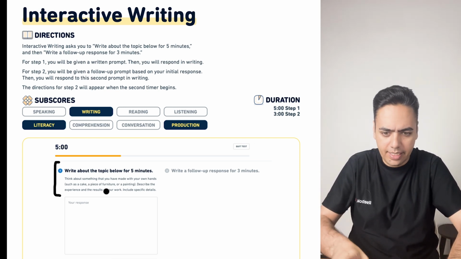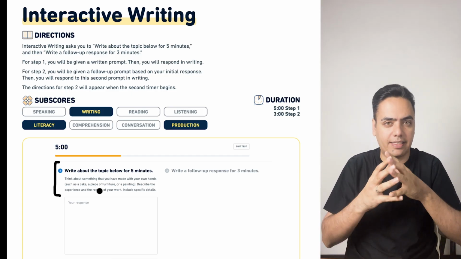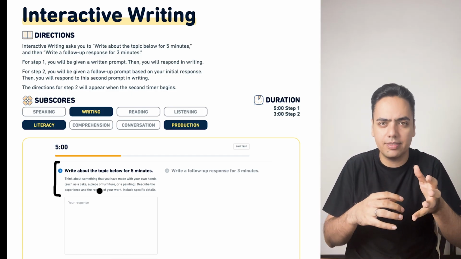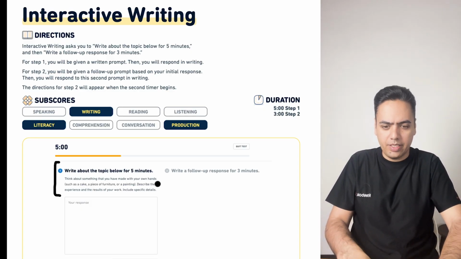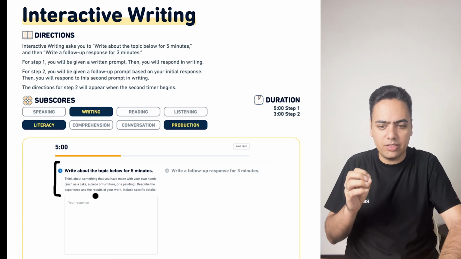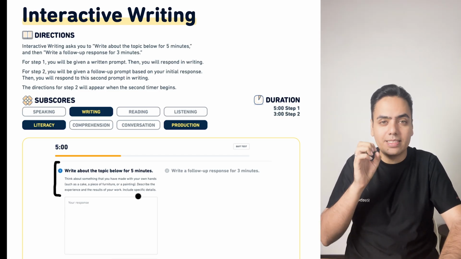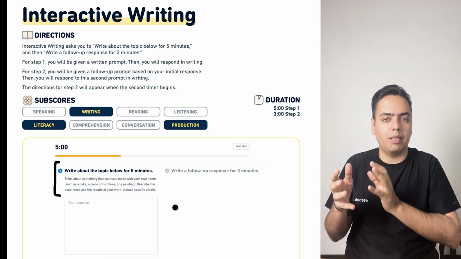In this case, it's asking you to write about something that you have made with your hands. If you haven't done this, try to use your imagination. And here's what's important. It says describe the experience and the results of your work. Include specific details. So again, the 5 W's can really help you to get started.